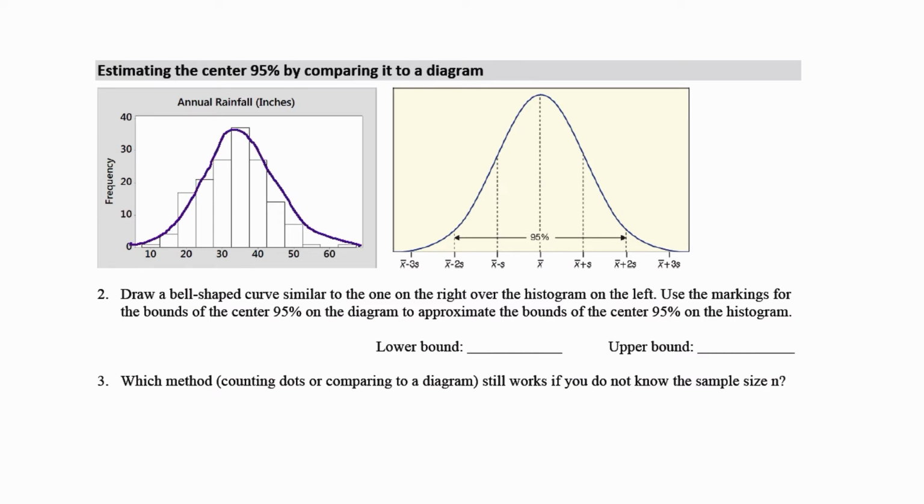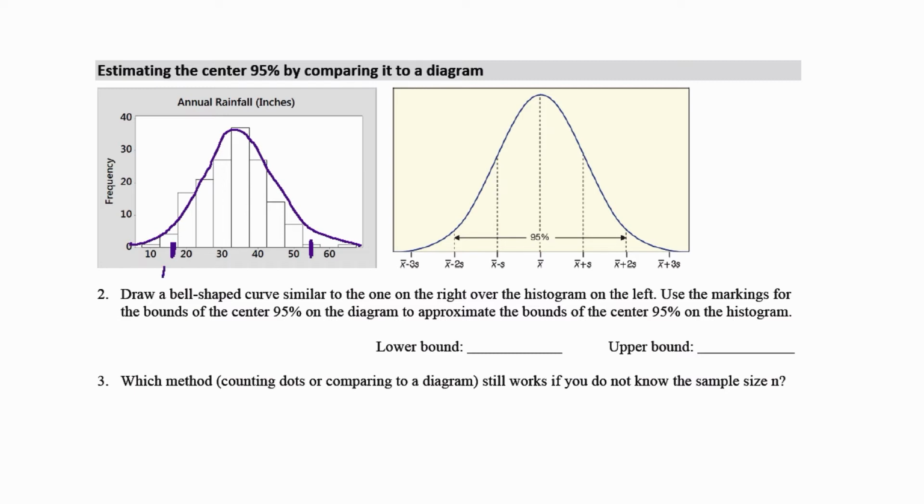Nice picture. And my center 95%, I would say, appears to go roughly between these two marks that I just drew, trying to draw them in approximately the same position that they look like they are in the graph.